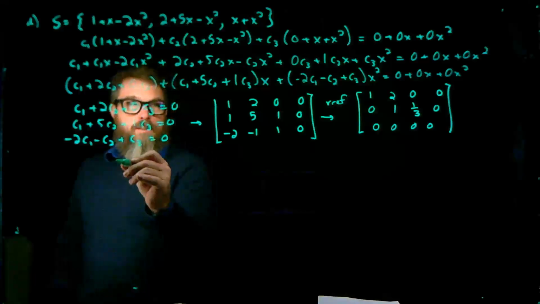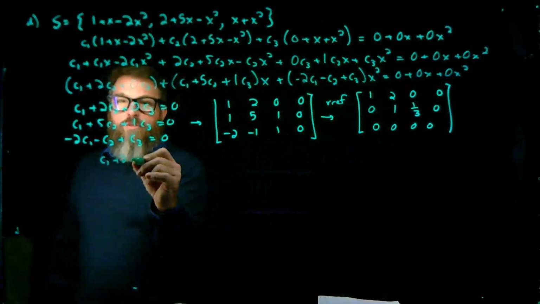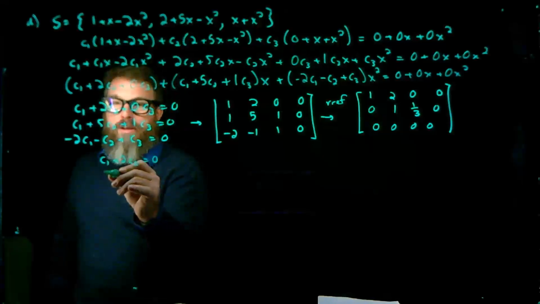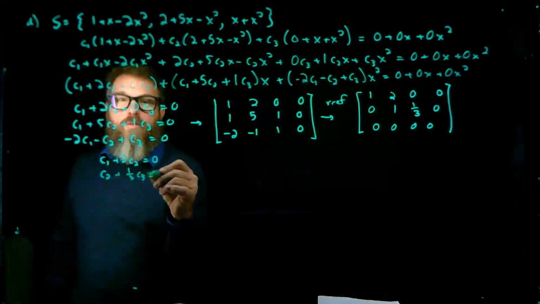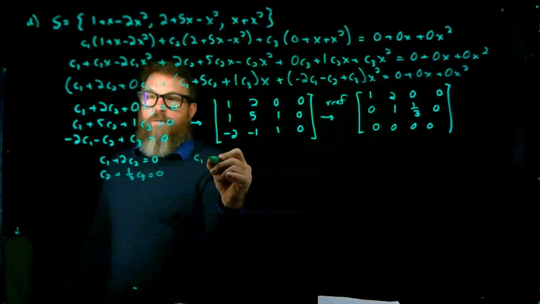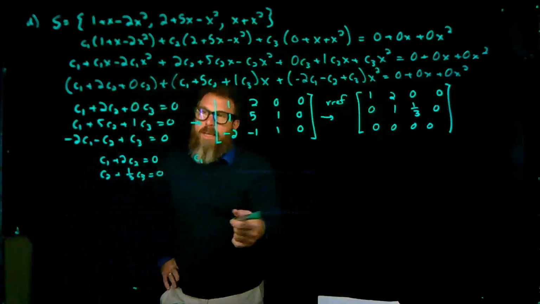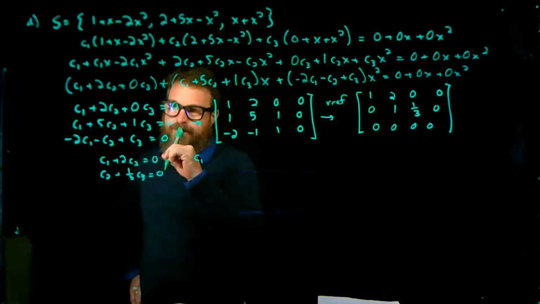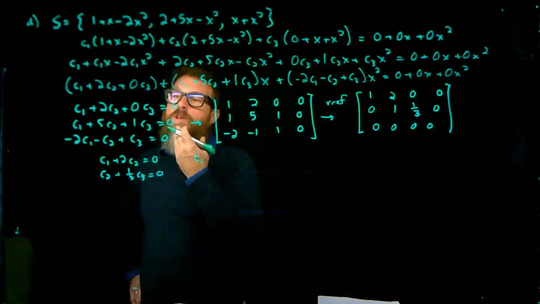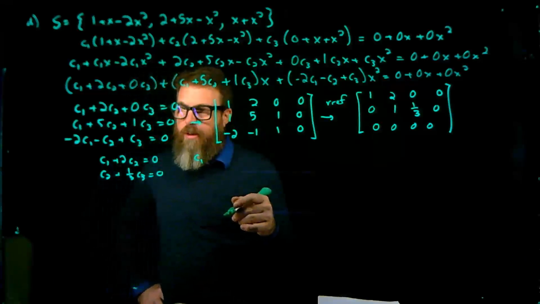Or I can say that the top line says C1 plus 2C2 is equal to 0. The bottom line says C2 plus 1/3 C3 is equal to 0. So then solving for, I guess it doesn't really matter in this case. I'm going to solve the first one for, it would make more sense to solve it for C2. It doesn't matter.